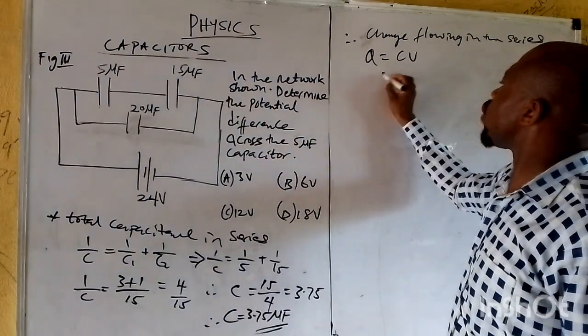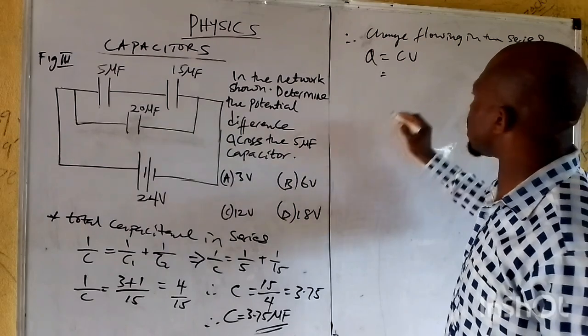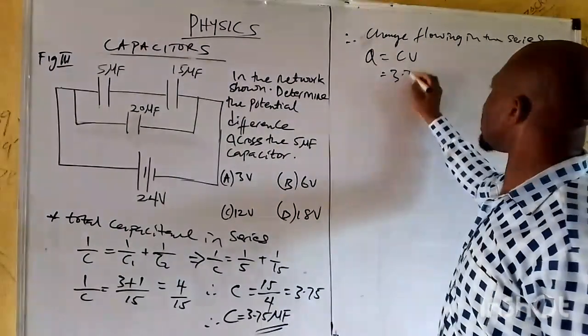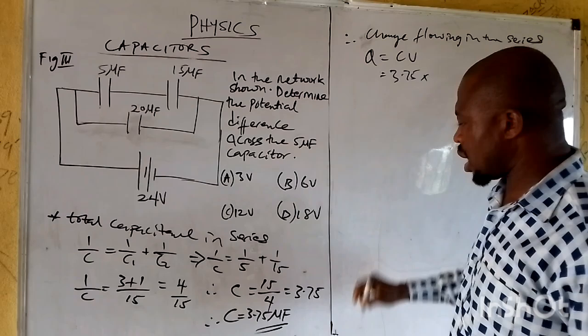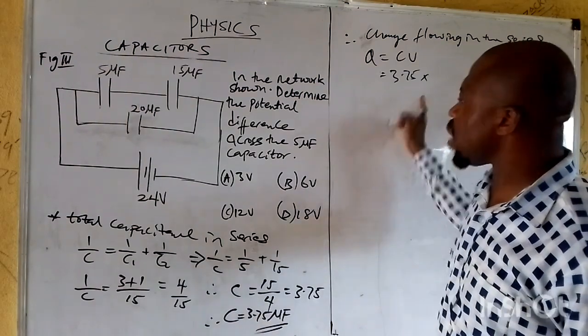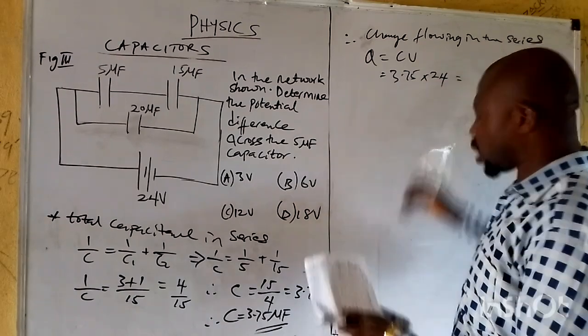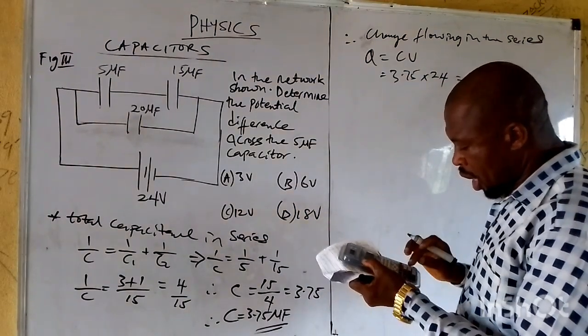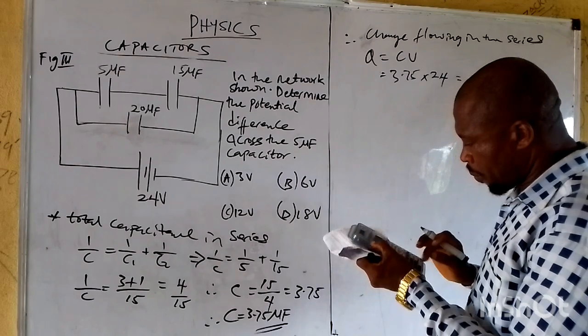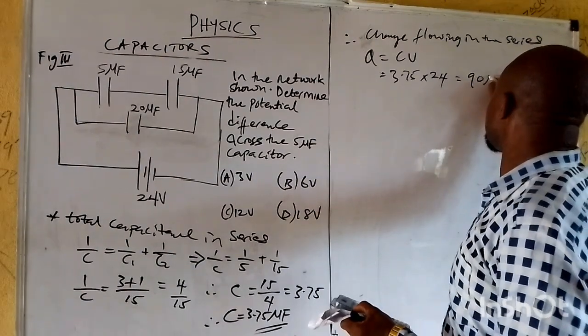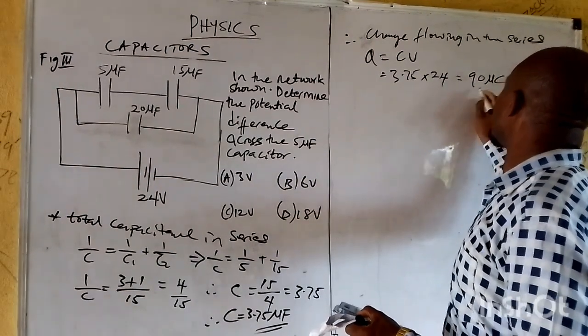So which will give us C is 3.75 times V. V is 24, which will give us 3.75 times 24 will give us 90 microcoulomb.